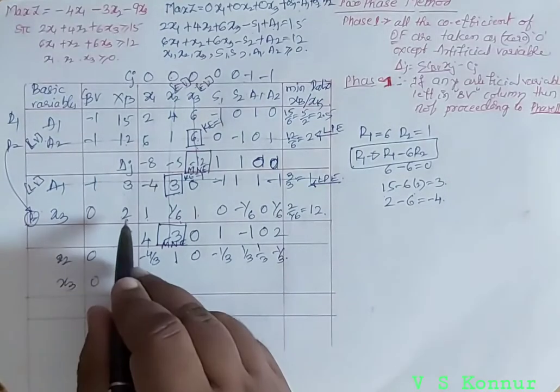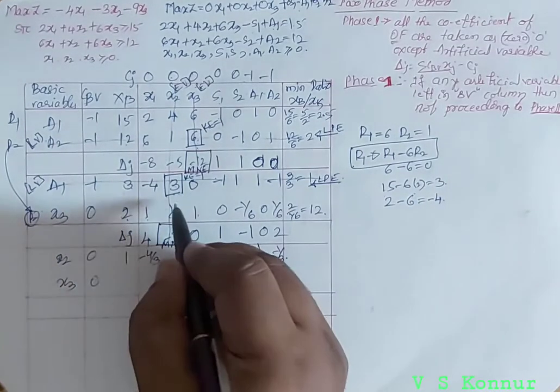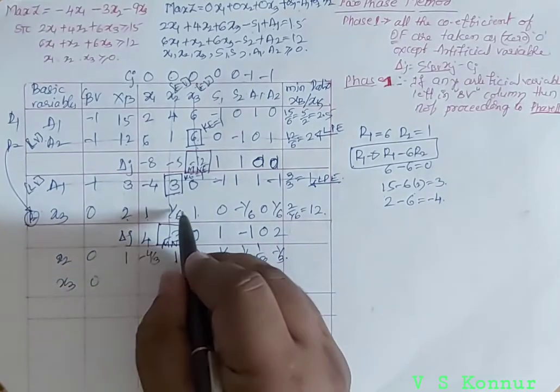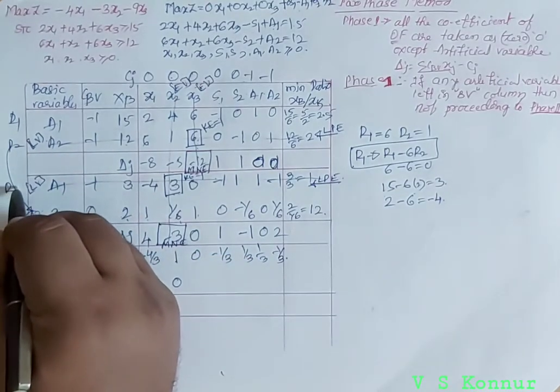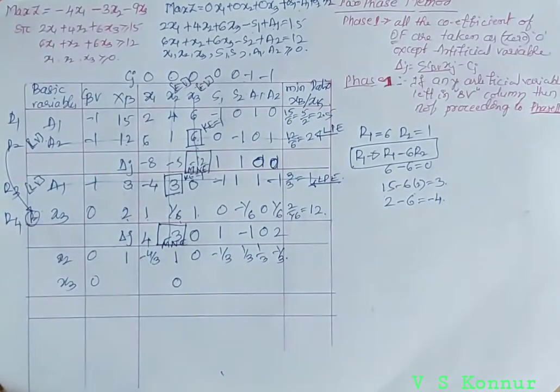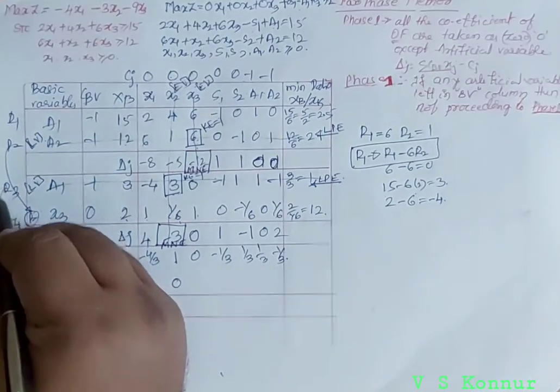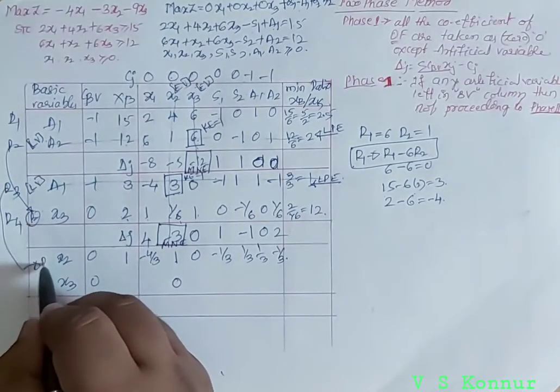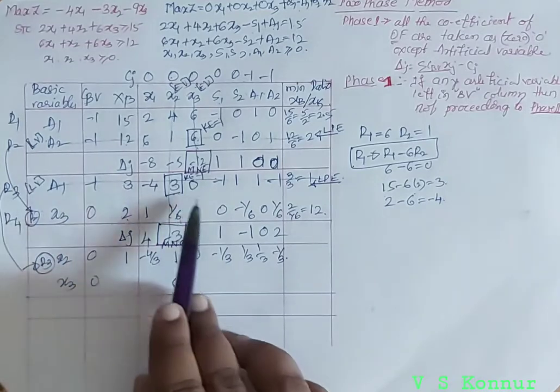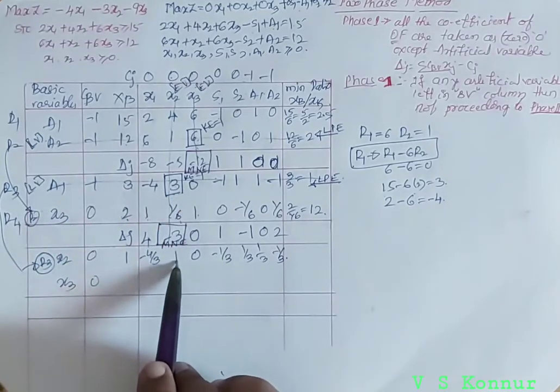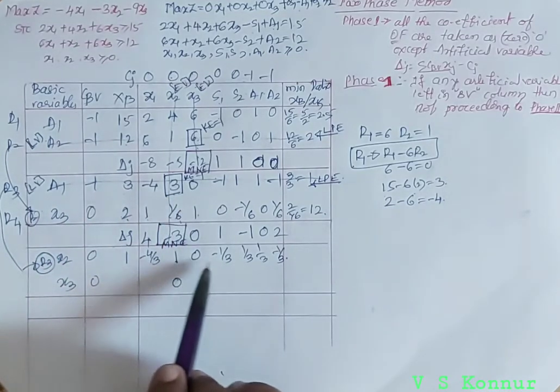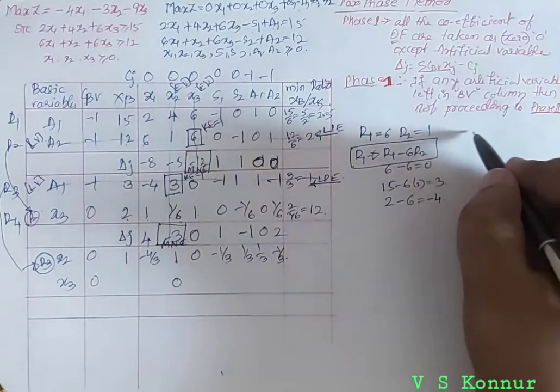Now to make the other element 0, we should take here R3 and R4. This R3 has been replaced here, because it was not equal to 1, and now it has been made equal to 1. This row you have to consider for calculation.